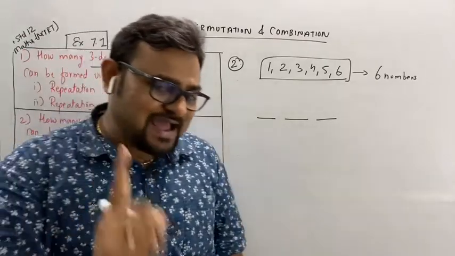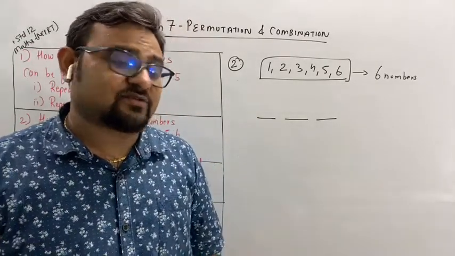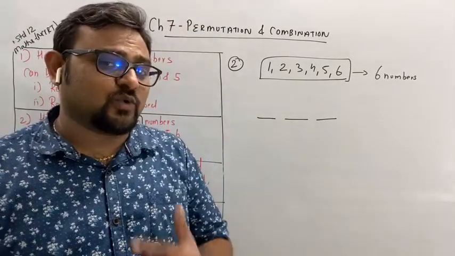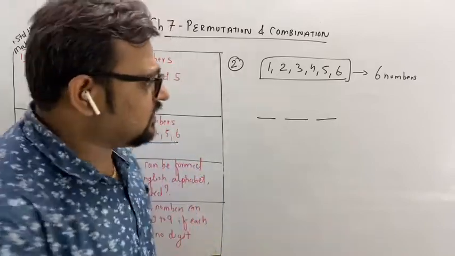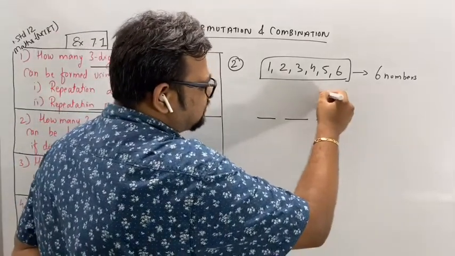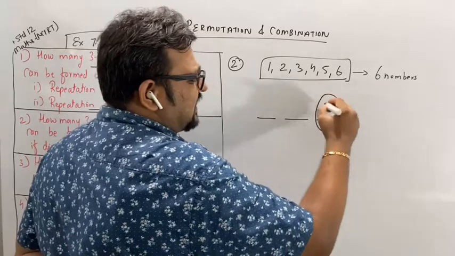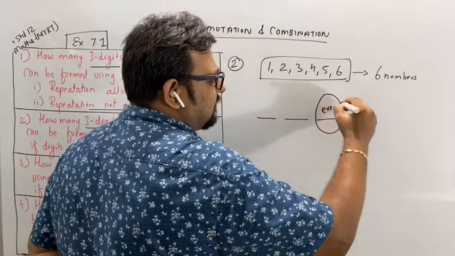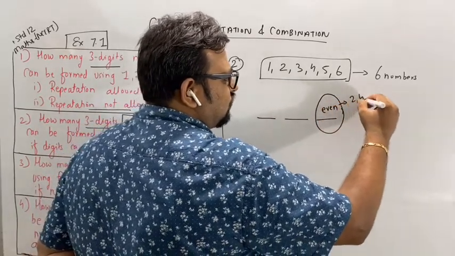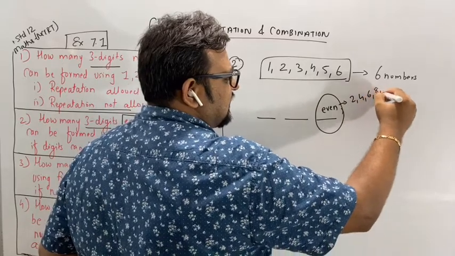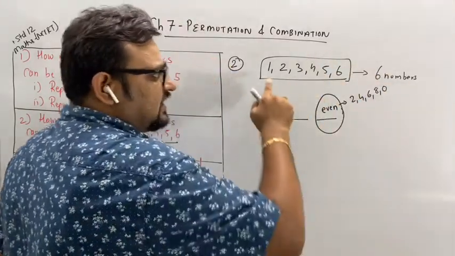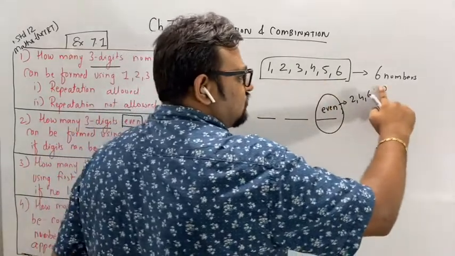Right? In our last video, I taught you the condition for an even number. For an even number, at the units place there should be an even digit, meaning 2, 4, 6, 8, 0. But here we do not have 8 and 0.